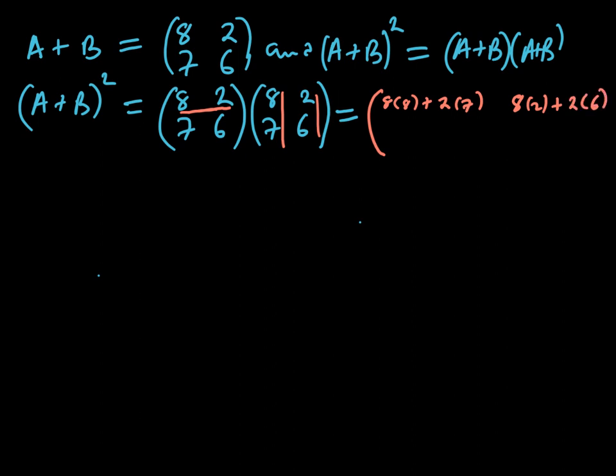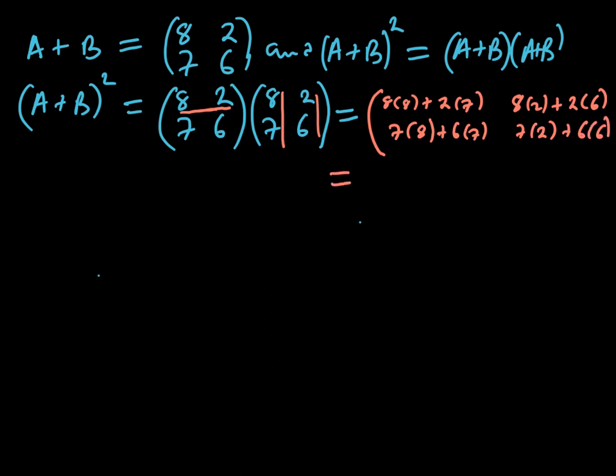Then down, do the same thing: 7 by 8, sorry about that, it is 7 by 8 plus 6 by 7. Then here I have 7 by 2 plus 6 by 6.